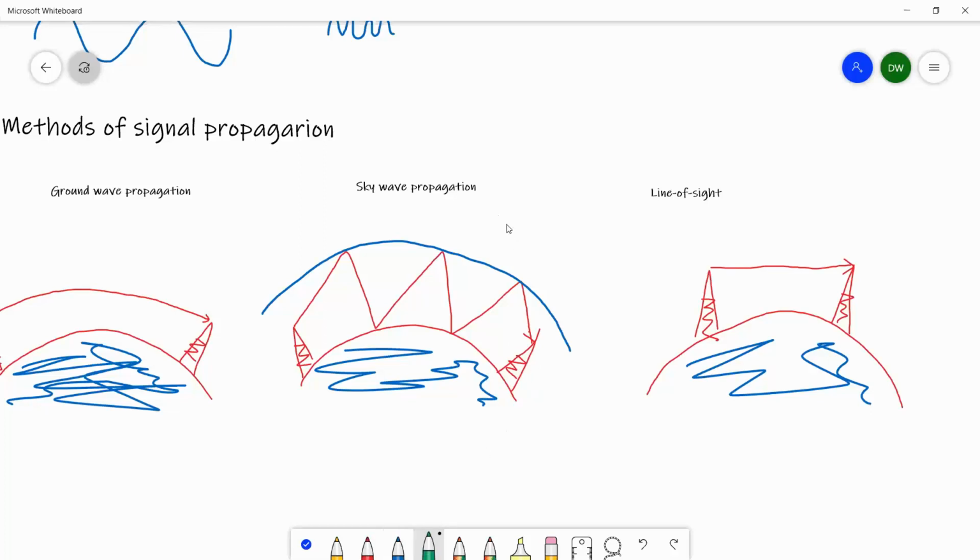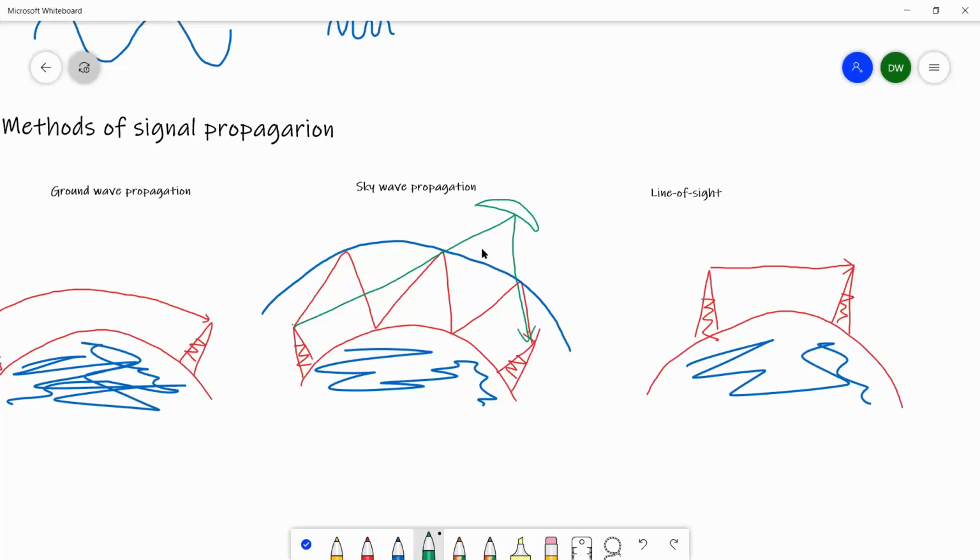For an example, if I have a satellite here, what we can do is we can send a signal from this antenna to the satellite, and then that satellite can send that signal back to this antenna.